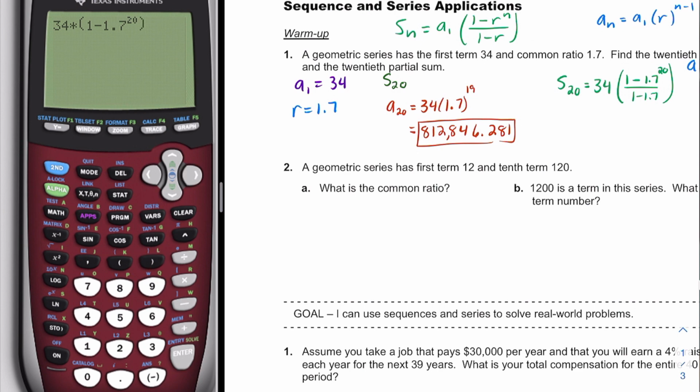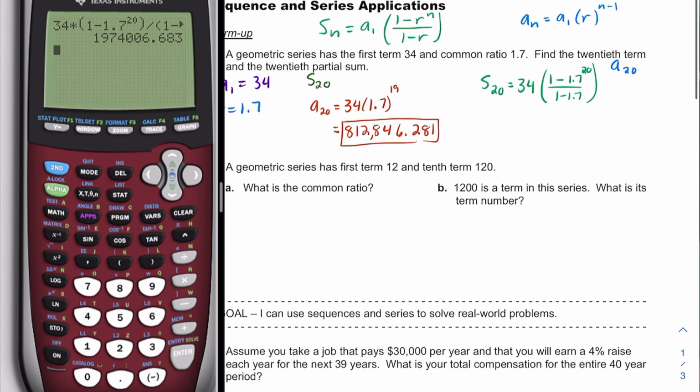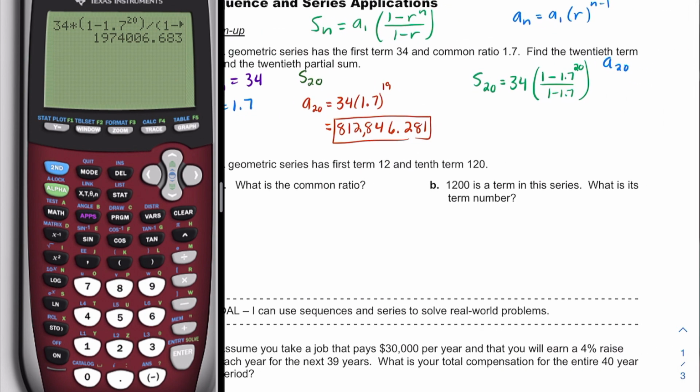So that's the numerator divided by. Now I want to put the denominator in parentheses. 1 minus 1.7, close it. So that's grouped together. Click enter, and that gives us a sum of 1,974,006.683.